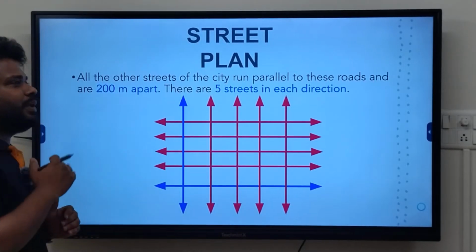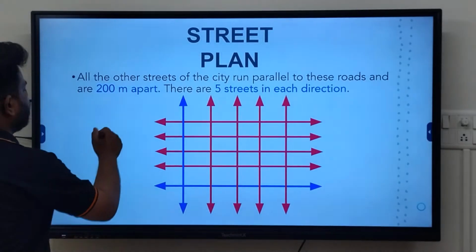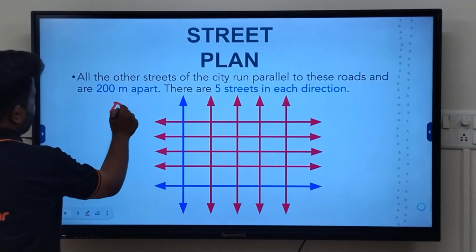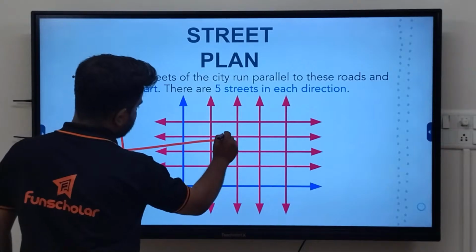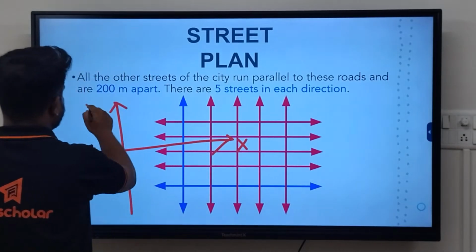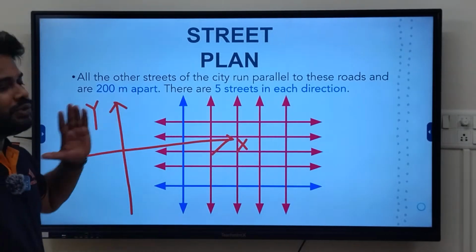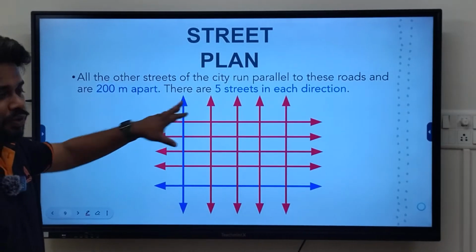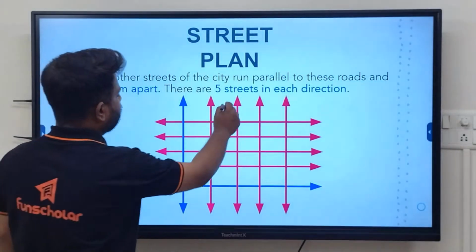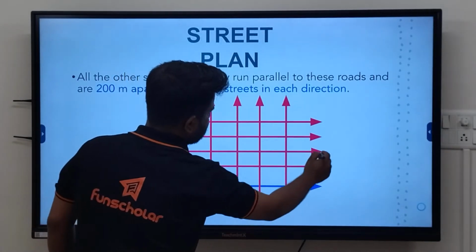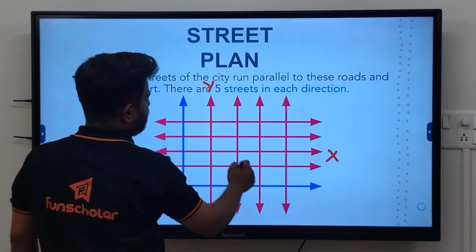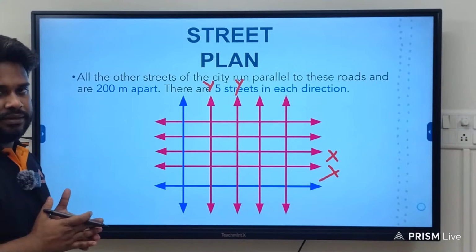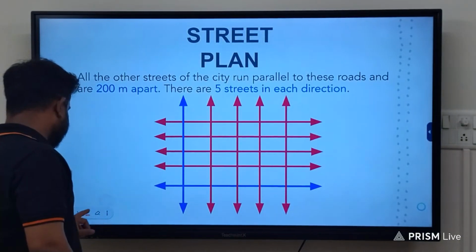Because this also applies coordinate geometry's rules, because we have already learned that this one is called the x-axis and this one will be the y-axis. And you can also see that all the roads are making the same thing. Like if this is the y-axis, this will be the x-axis, x, y. Similarly, x, y, and so on. Okay. Let's go to the next one.